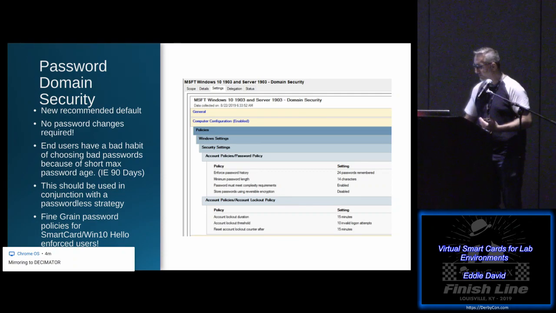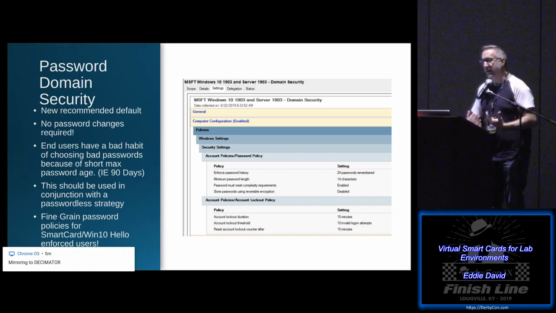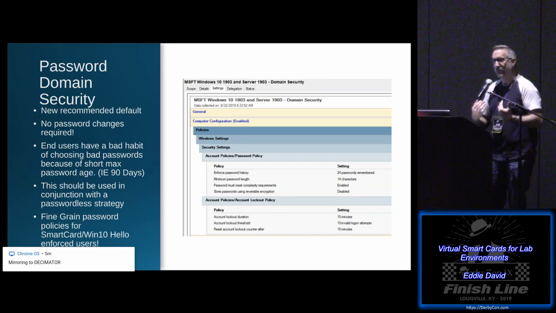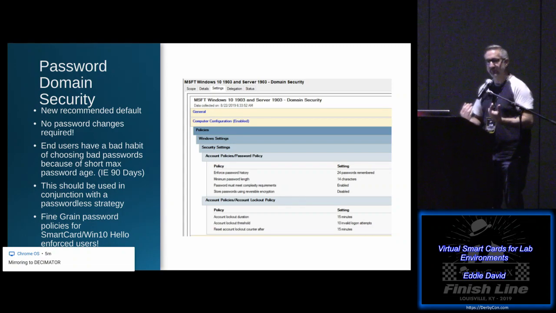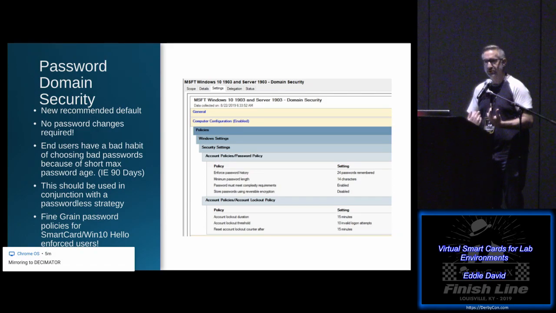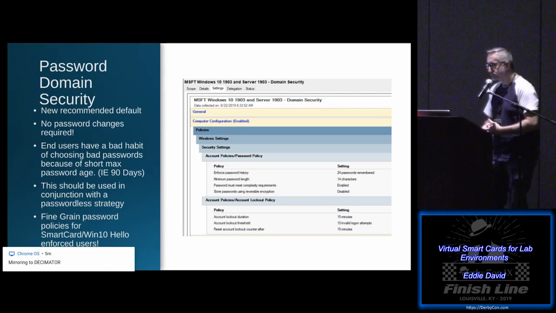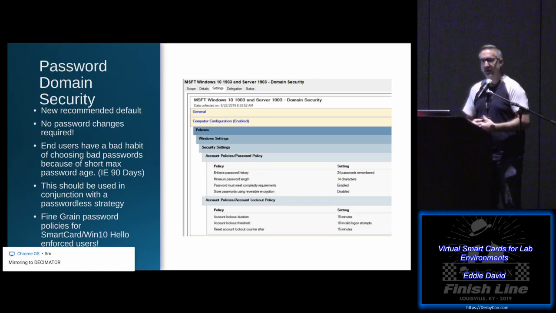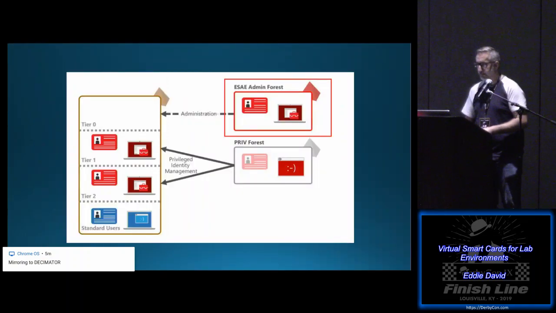A lot of people were used to changing passwords. And for me, when you set 30, 45, 90 days, some people have a really hard time picking secure passwords. So this is working in tandem with some of the new policy capabilities that Microsoft has come out with.